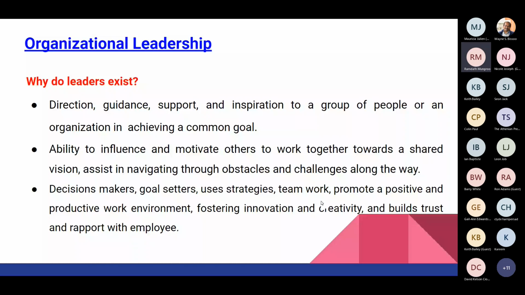They are decision makers, goal setters, they use strategies, and also encourage teamwork. They promote a positive and productive work environment, fostering innovation and creativity. And this is what contributes together to build a team.